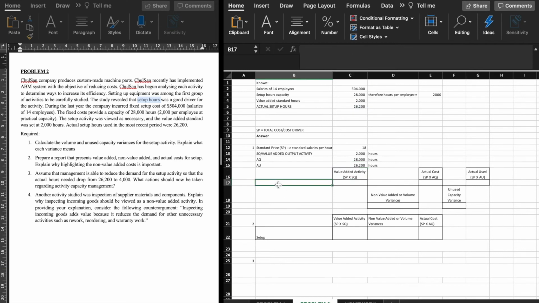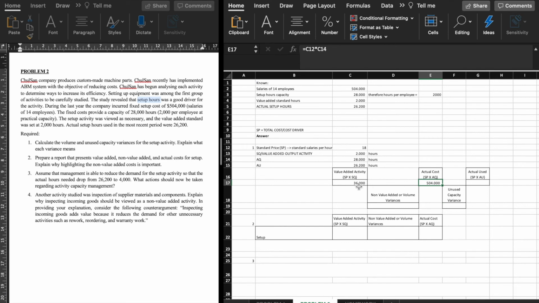Now we can calculate the value added activity. The value added activity is the standard price times the value added output activity. And then the actual cost is the standard price times the actual quantity.